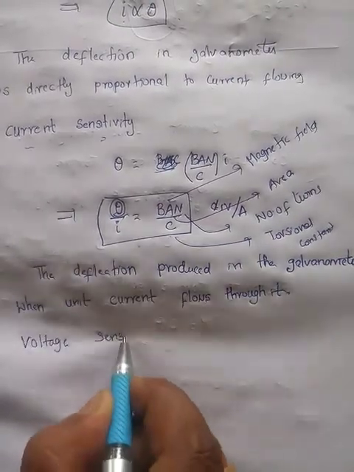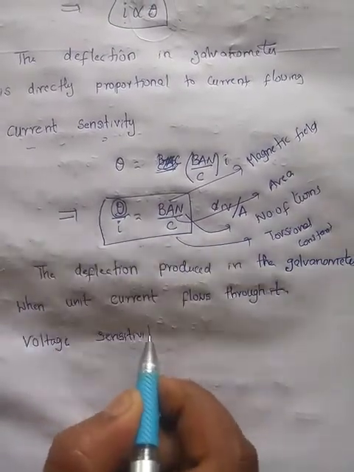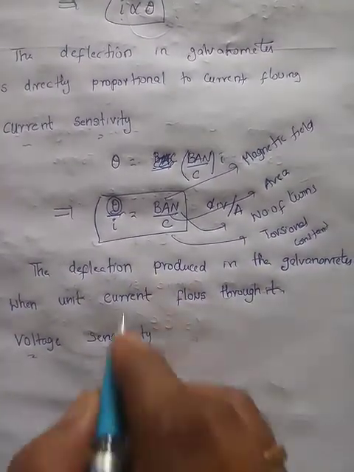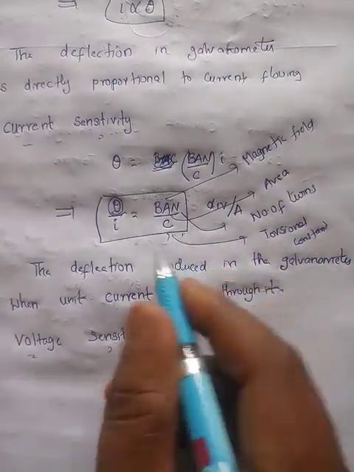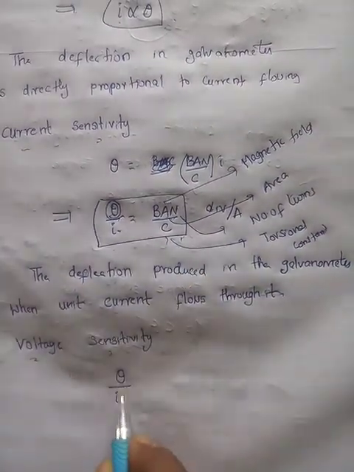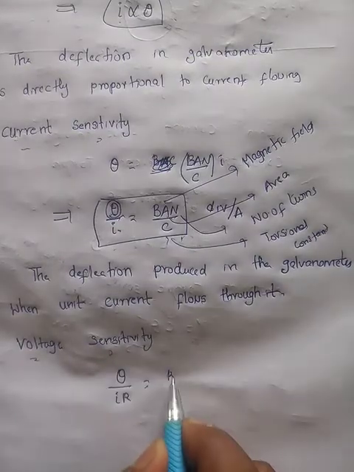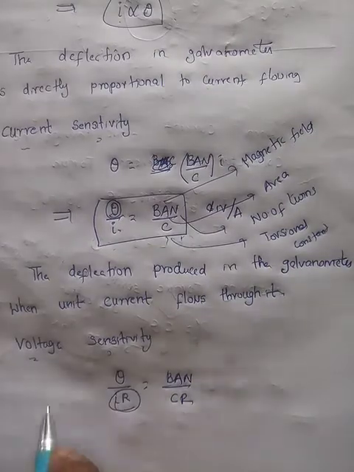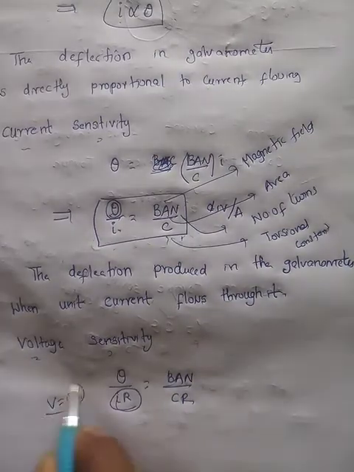In a similar way we can define voltage sensitivity. Theta by I is BAN by C. But how to get V and R? Let us divide by R on both sides: theta by IR equals BAN by CR. According to Ohm's law, V equals IR.